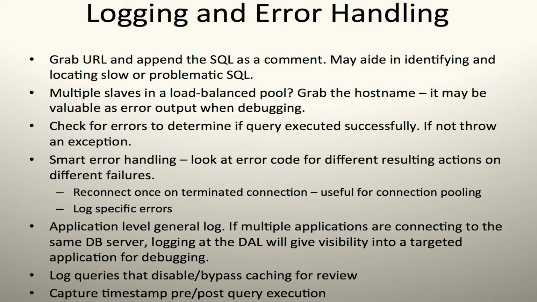Before you actually send your real query to the database, not caching, but to the database, grab a timestamp, grab one after, do the math to figure out how long it took to execute, and then if you have to throw an exception, you have all that data to put in there, which can help you debug it later. Speaking of debugging data, another thing that I found very valuable is not just throwing the SQL statement that caused the error into an exception, but also the statement before it.